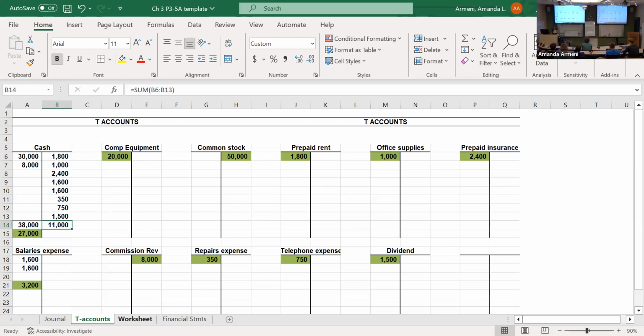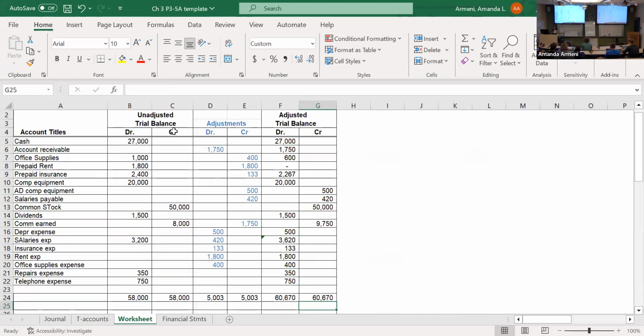After you calculate each of those balances in your T accounts, you would include those balances in the first set of columns called your unadjusted trial balance. So we are ignoring the right-hand columns for now, and we are focused only on our unadjusted balances. And again, all we're doing is taking the balance that we already calculated and putting it into this new format.